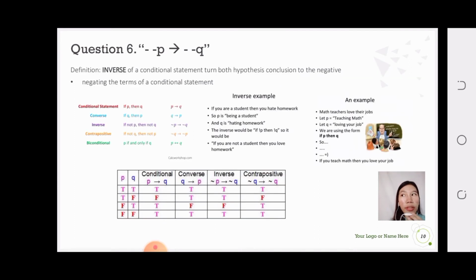So, question number 6, definition of inverse. So, I found the variables they mention for inverse. What is the definition of inverse? So, it is a conditional statement where you turn both the hypothesis and conclusion to the negative, negating the terms of the conditional statement.